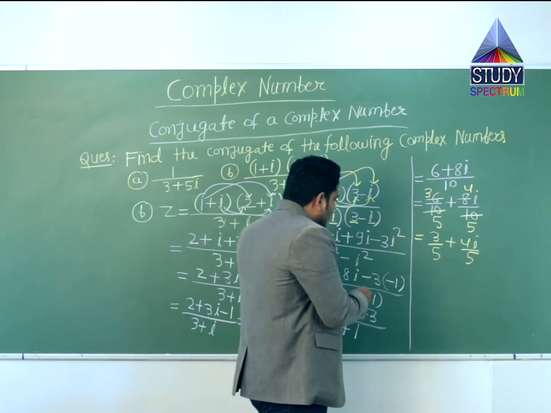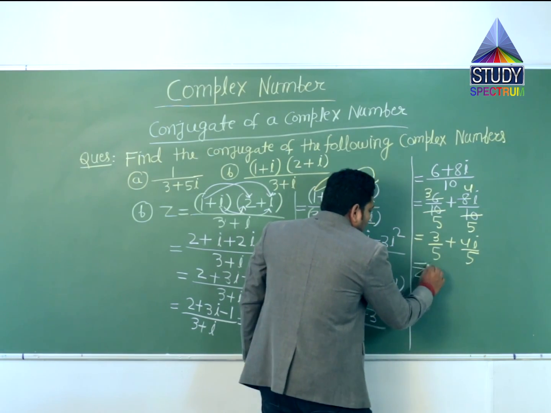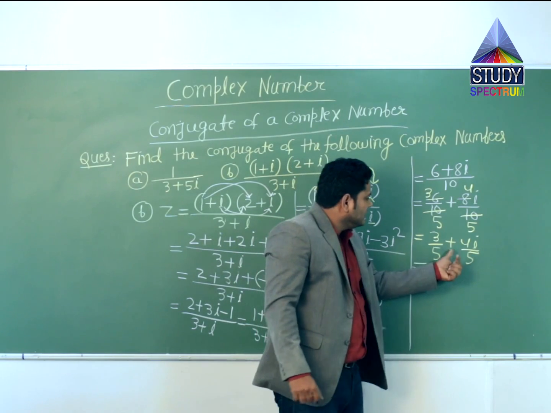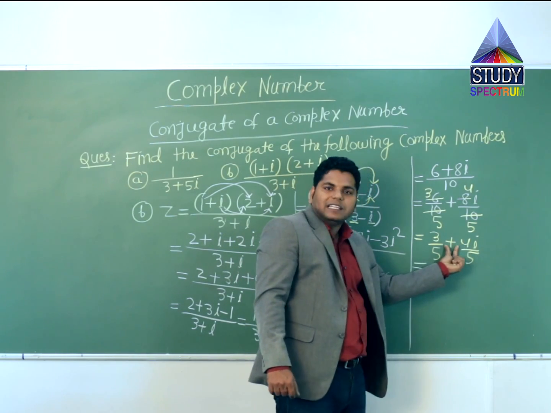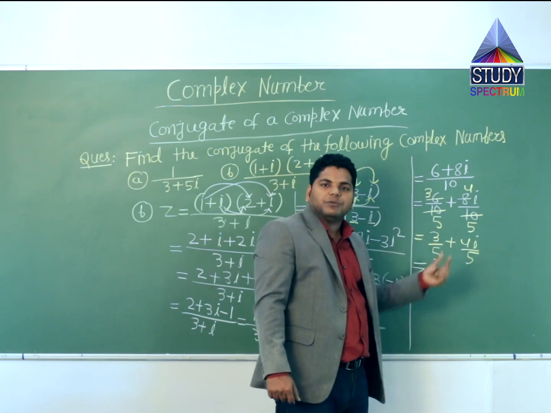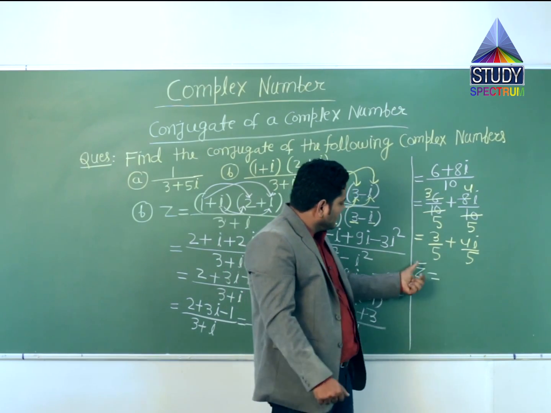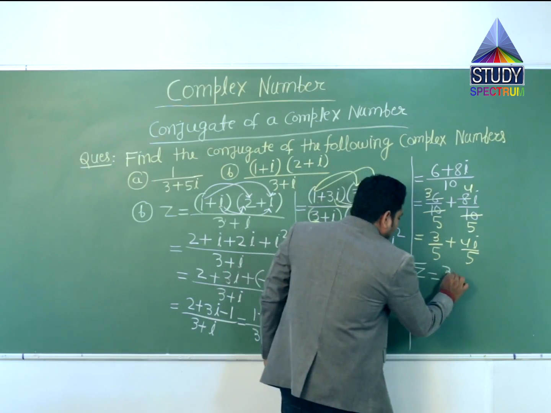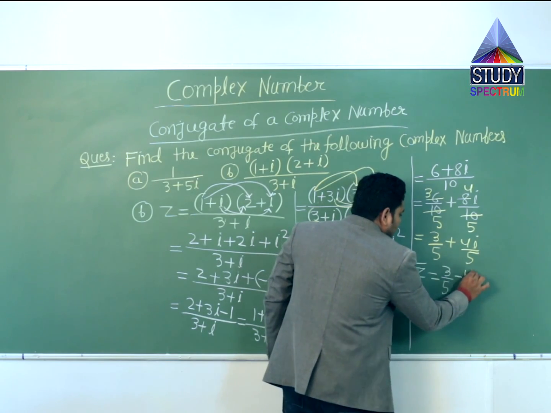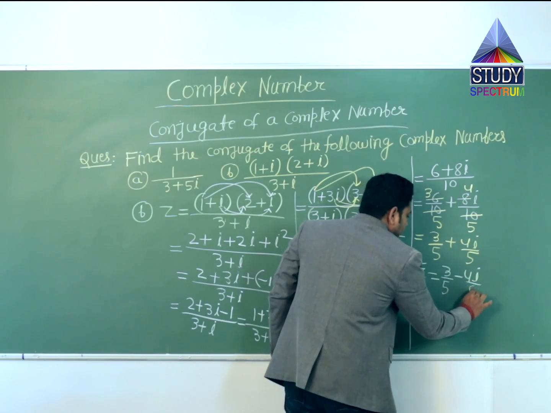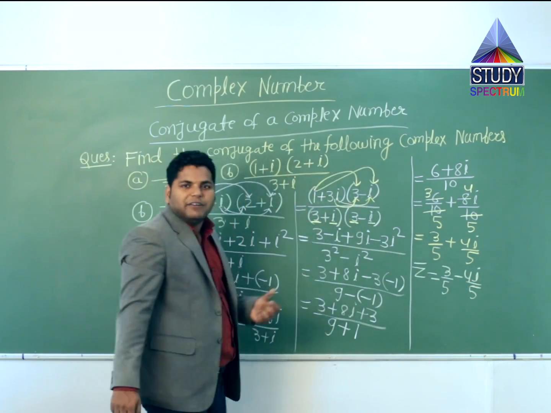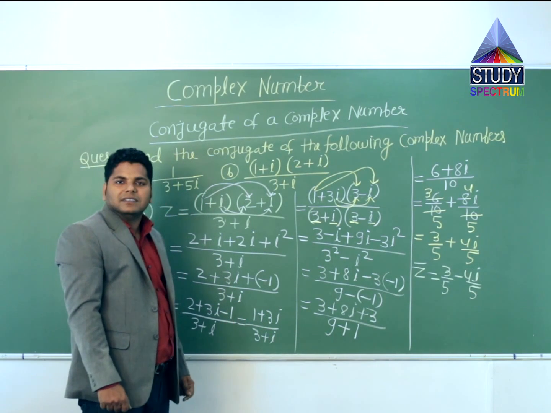So to find z bar, we change the sign before the i term, and before i it has plus, so we will write minus to find the conjugate of a complex number. So z bar will be 3 by 5 minus 4i by 5, and this will be our final answer.